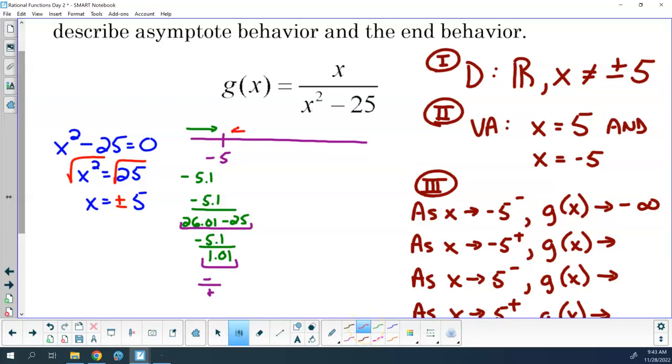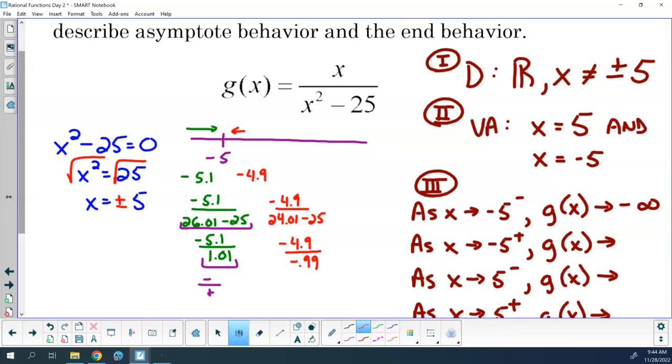On the other side, now it's going to be like negative 4.9, and that's going to be negative 4.9 divided by negative 4.9 squared is 24.01 minus 25. So now I've got negative 4.9 divided by negative 0.99.